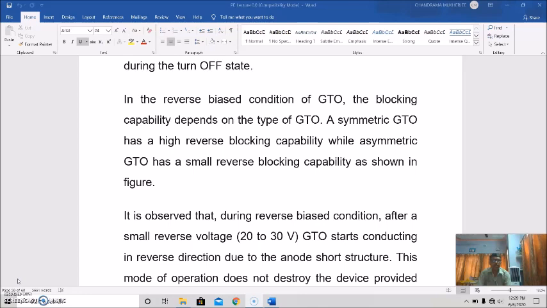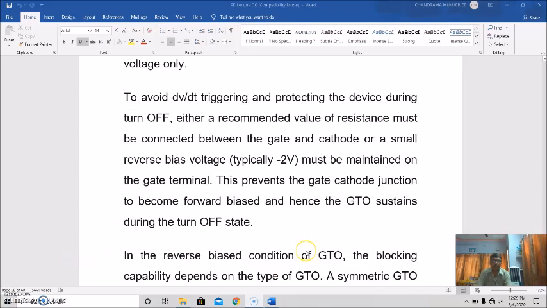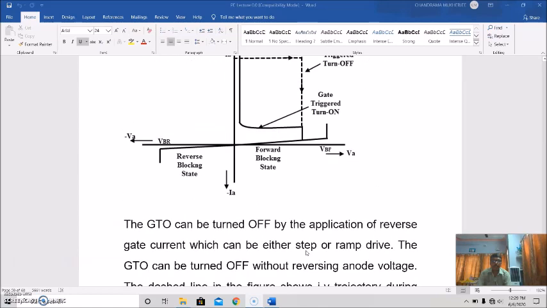A symmetric GTO has a high reverse blocking capability, while an asymmetric GTO has a small reverse blocking capability. That is also shown in the VI characteristics here.